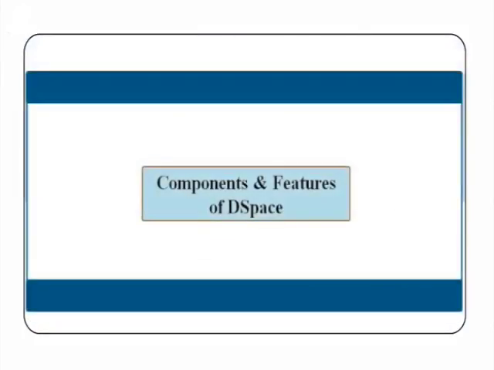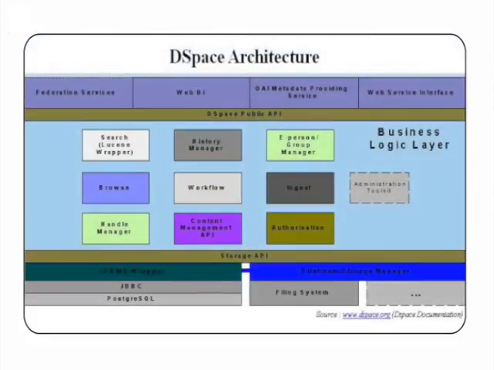Now we have gone through the information model of DSpace. In this subsection, we will focus on components and features of DSpace. The architecture of DSpace has been divided into three major parts. That is, DSpace public API on the top, business logic layer in the middle, and storage API at the bottom.